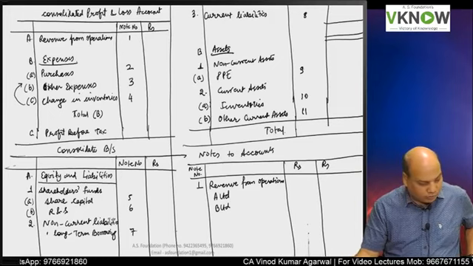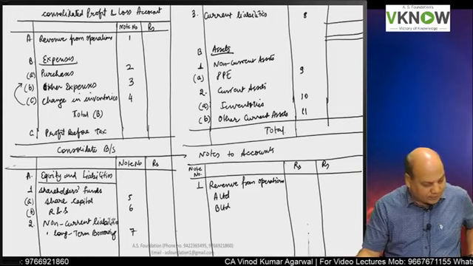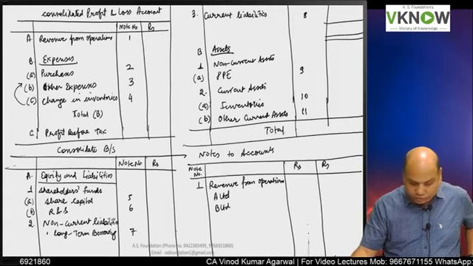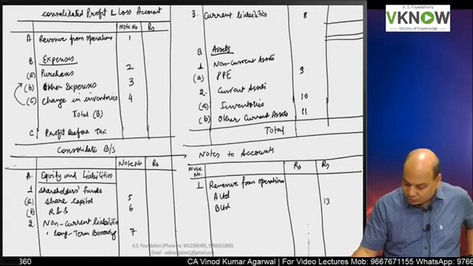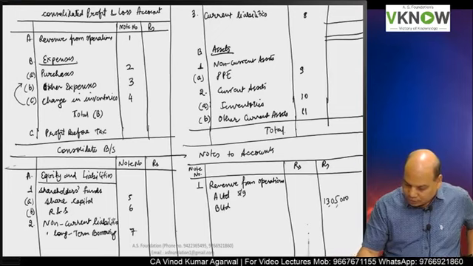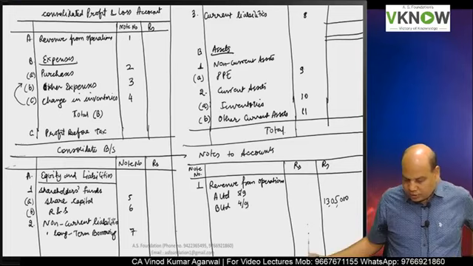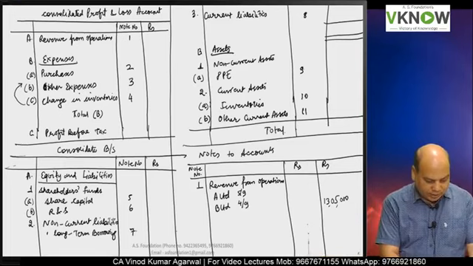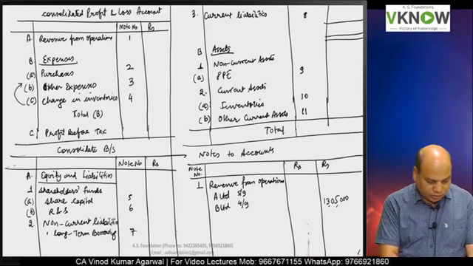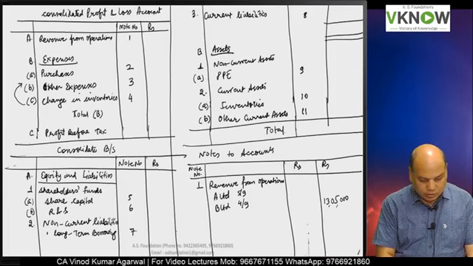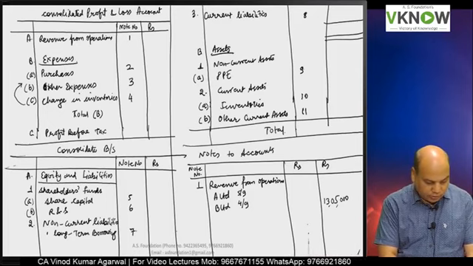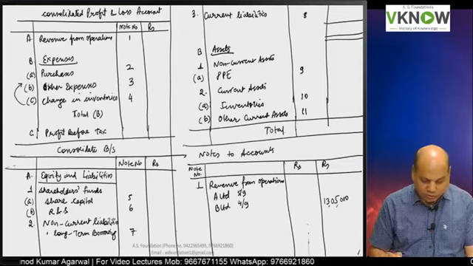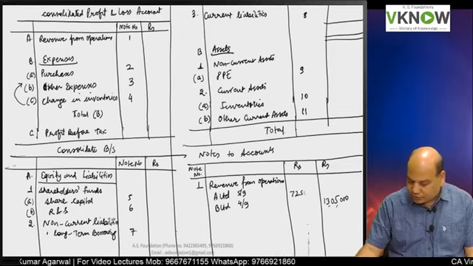Total revenue in the question is, if you see sales, 13,05,000, and you have to take 5 by 9, 4 by 9. 5 by 9 of 13,05,000 is 7,25,000.